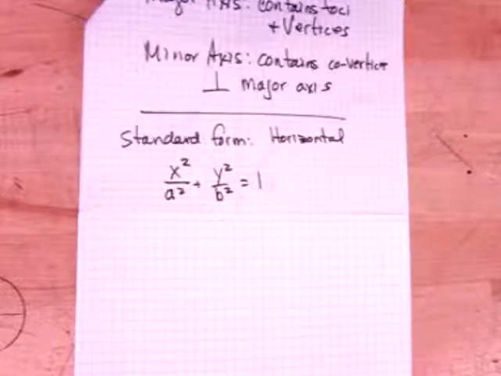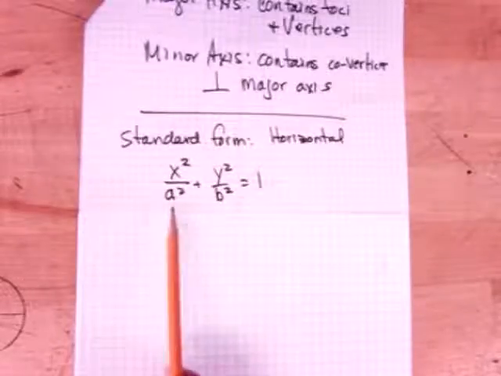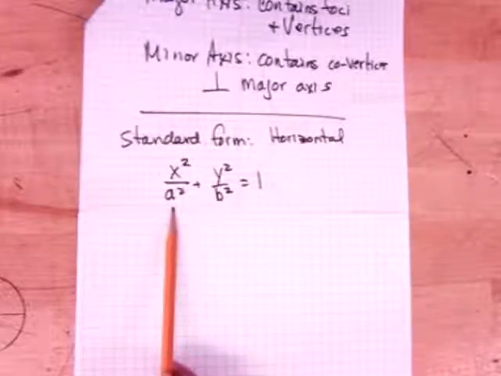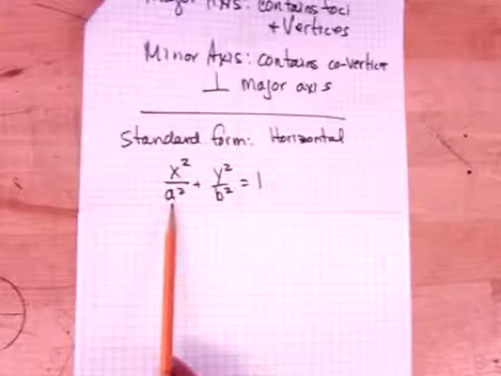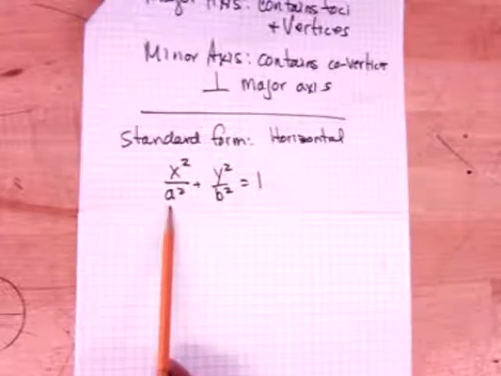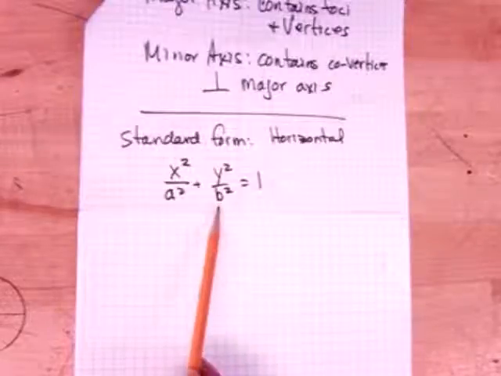It's the same a's and b's from the diagram. The vertices and the co-vertices. Thank you. So the a is the coordinate for the vertex on the major axis. The b is the coordinate for the co-vertex on the minor axis.